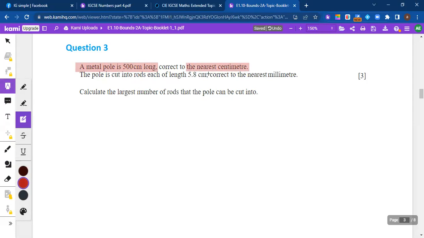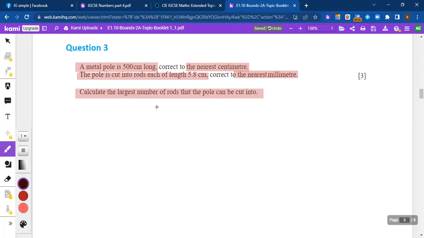A metal pole is 500 centimeters long, correct to the nearest centimeter. The pole is cut into rods, each of length 5.8 centimeter, correct to the nearest millimeter. Calculate the largest number of rods that the pole can be cut into.